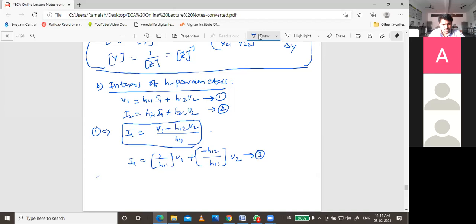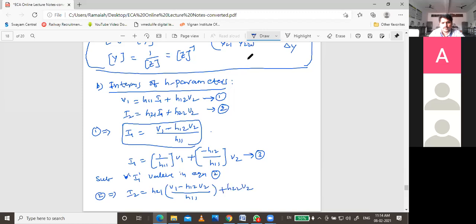Now substitute the I1 value in equation 2. So from equation 2, I2 equal to H21 into I1, that is V1 minus H12 V2 by H11, plus H22 V2.